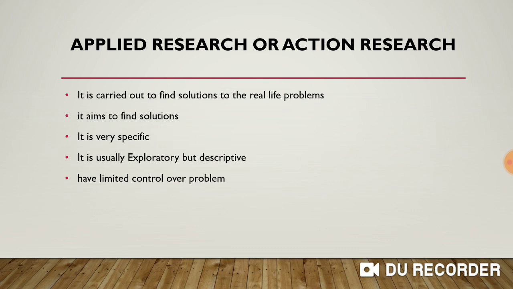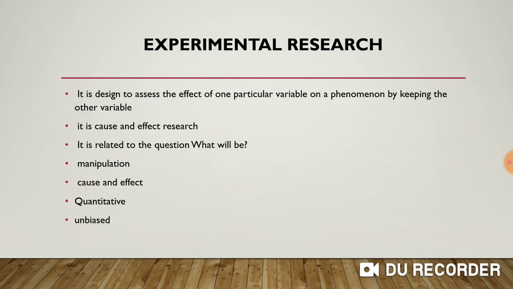Normally applied research is focused on a general immediate problem, and action research is also called applied research, but action research is used in educational settings, finding out educational problems. Okay, so this type of research is also very important from a research point of view, wherever there is a need to get an immediate solution to the problem.